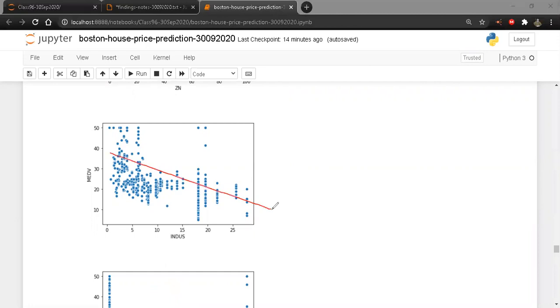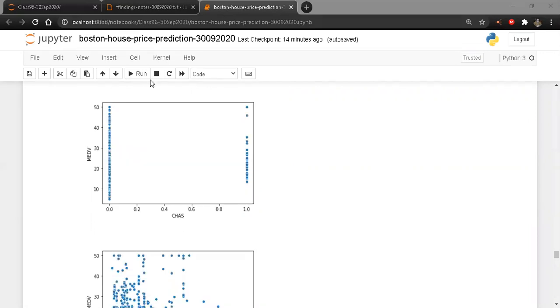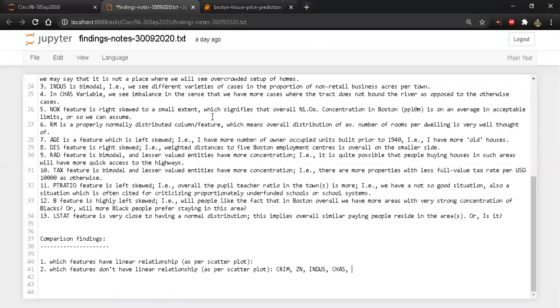But if I do this, I still have a lot of outliers. Maybe a different way to chart this will be something like this, but this is not what we have learned as of now, so we cannot do this right now. So INDUS also does not have one. CHAS also does not have one.